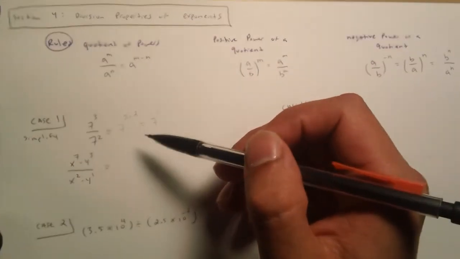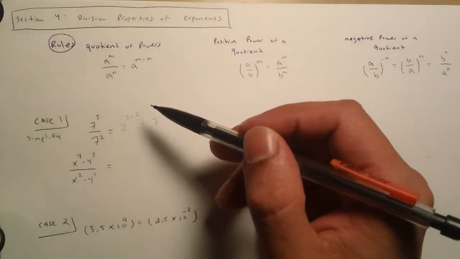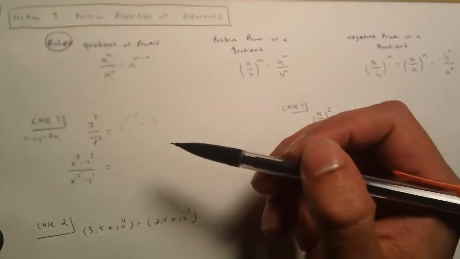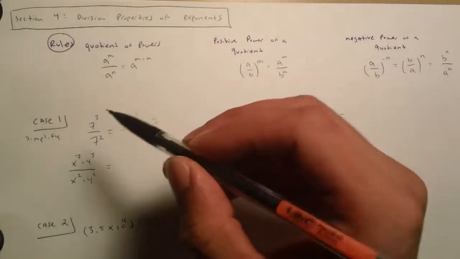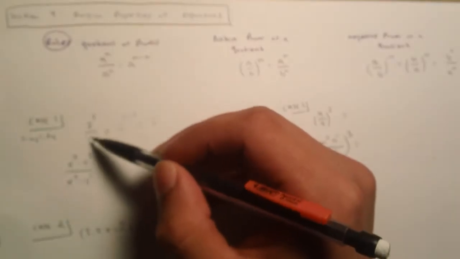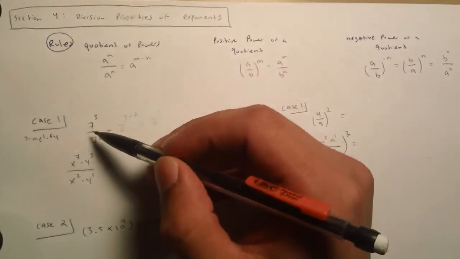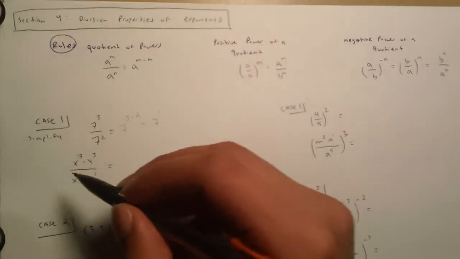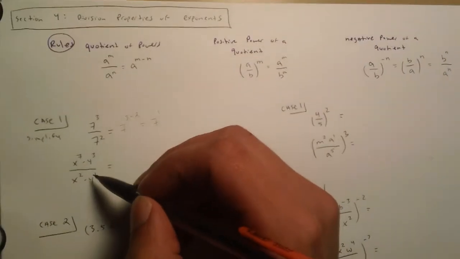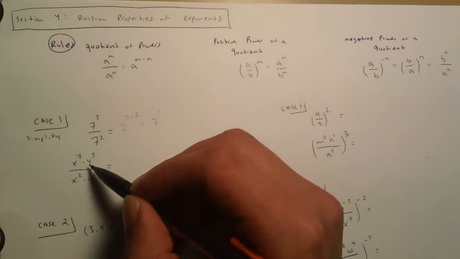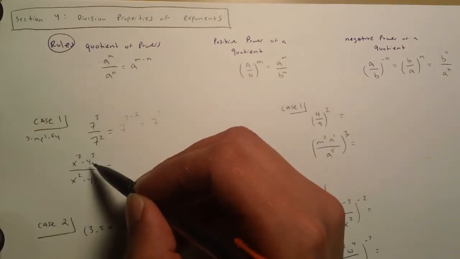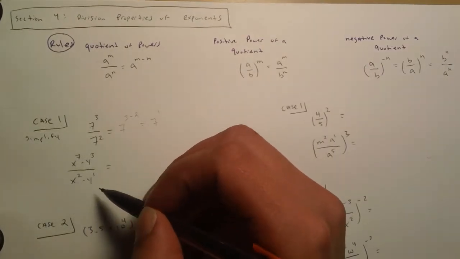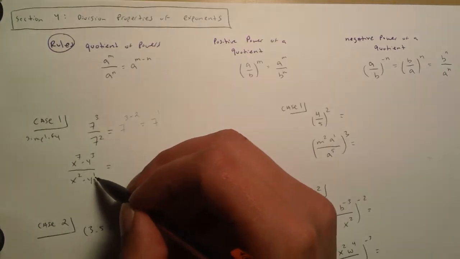And that's pretty much it for the quotient of powers rule. It's not that hard. What might be difficult is whenever there are more terms involved, and just make sure you can't divide amongst different bases. Like in our second problem, in case 1, we have x to the 7th times y to the 3rd over x squared times y to the 1.